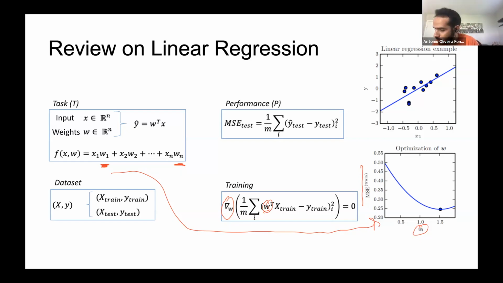So let's say that I started here, with W equal to 1, I see that I had this much error. I change a little bit. Oh, I'm going down. Yeah, let me keep increasing this, right? Until you finally start seeing that this thing is going up, right? So you see that this was a process that, although manual, entails that every time that I make a change to W, I would like to know how much I'm affecting the loss.